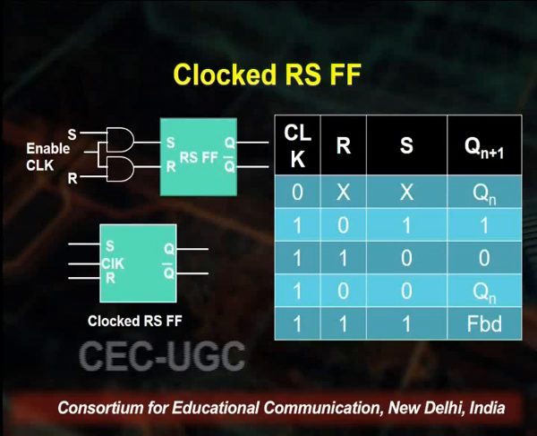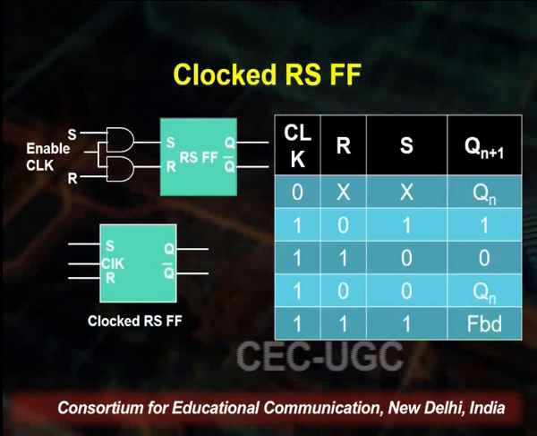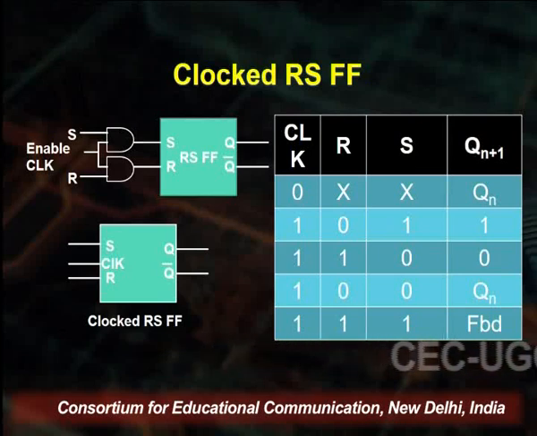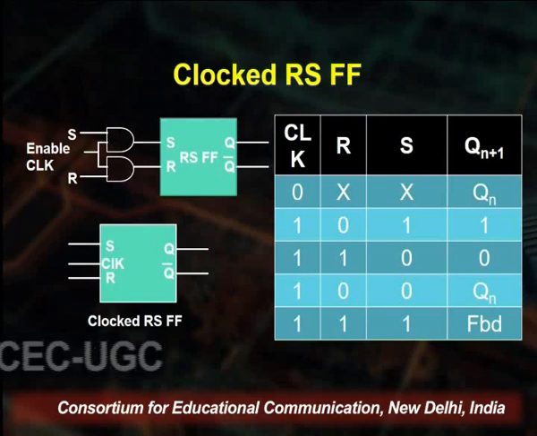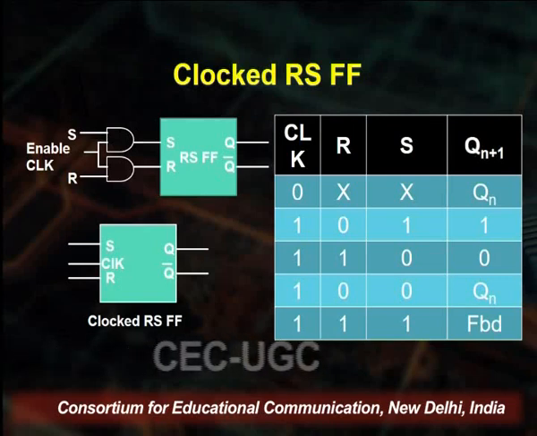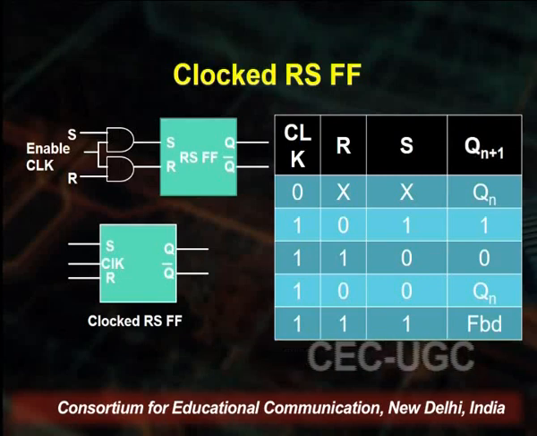Edge triggering simply means that it could be a rising edge, that is going from 0 to 1, or a falling edge, that is coming from 1 to 0. Level triggering, on the other hand, implies that the clock will either be high or the clock will be low.